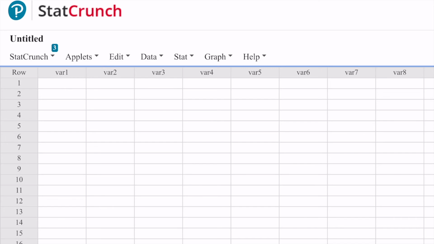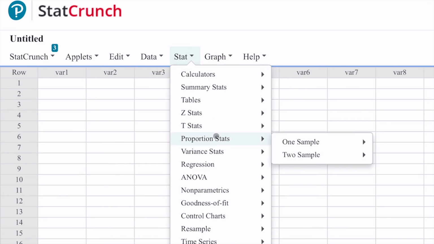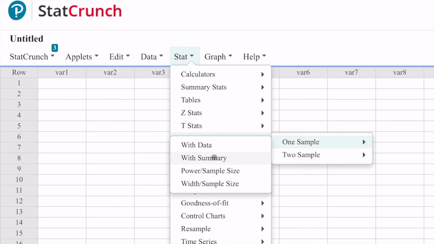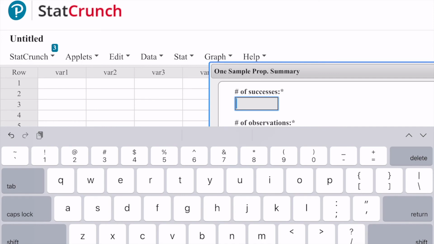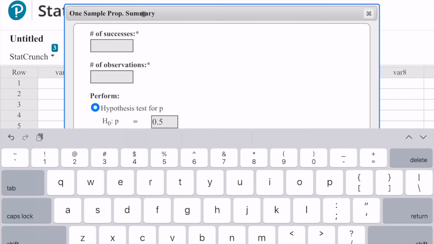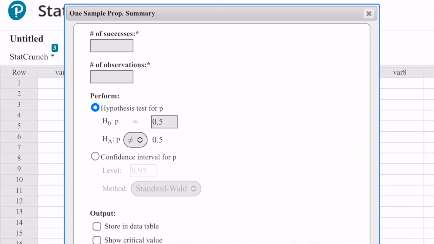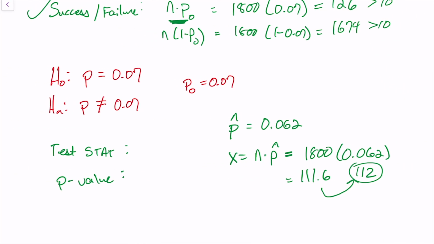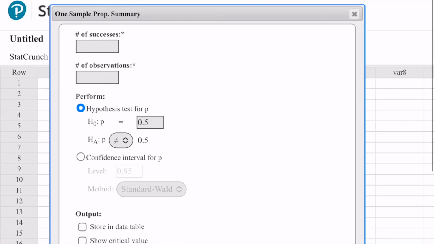All right, so let's get StatCrunch going here. We go to Stat, Proportion Stats, One Sample, With Summary. Number of successes, based off the information we just talked about, is 112. The number of observations was 1,800.